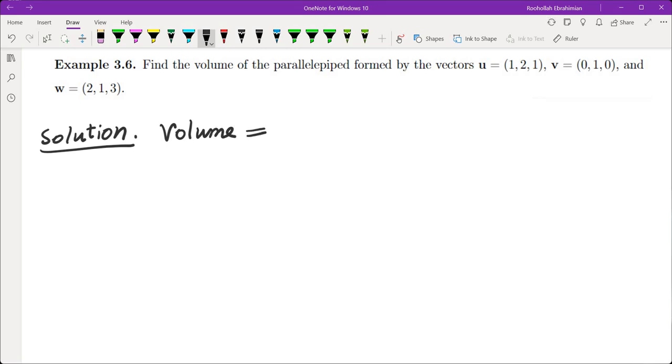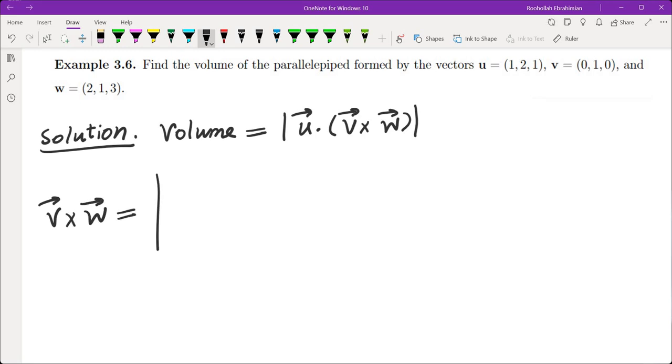The volume would be the absolute value of U dot V cross W. It doesn't matter whether you do U dot V cross W or V dot U cross W. All of those are going to give you the same thing. So let's just start from V cross W. This would be i, j, k, V is 0, 1, 0, and W is 2, 1, 3.